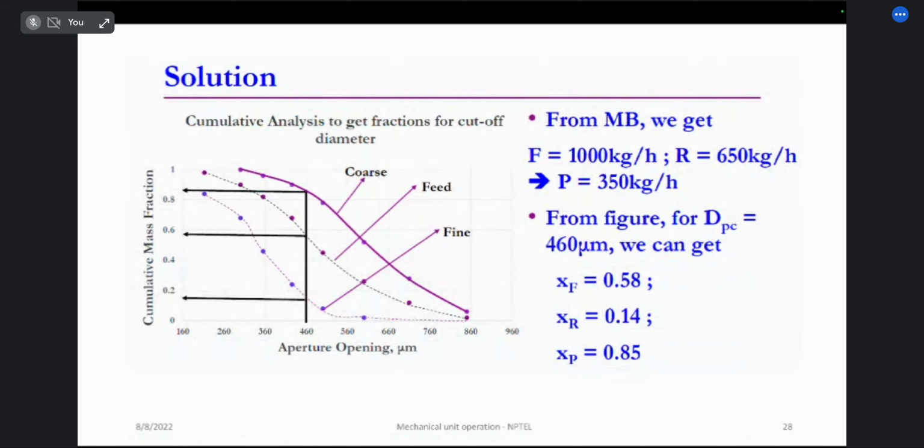So for that, from the mass balance, if you want to find your exact product size and your diameter, you have to do the cumulative analysis to get the fraction for the cut diameter.